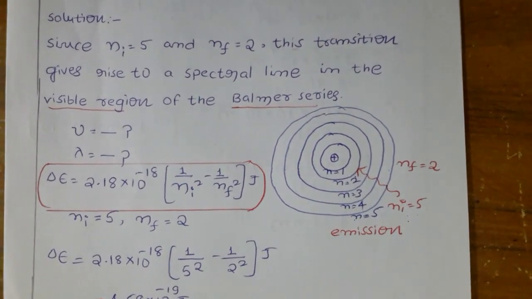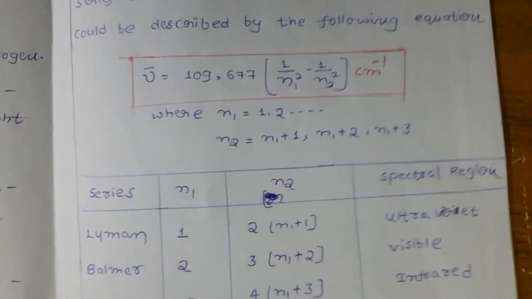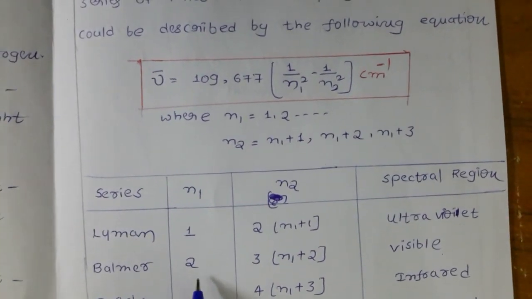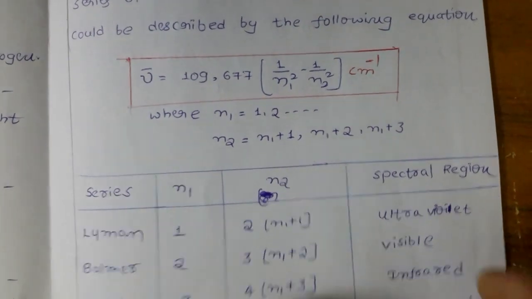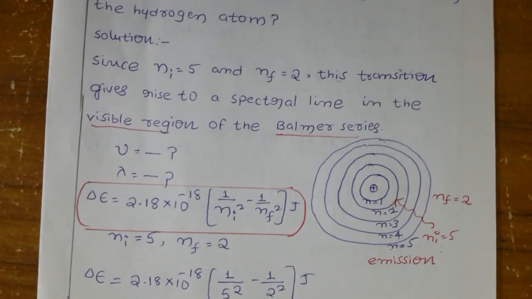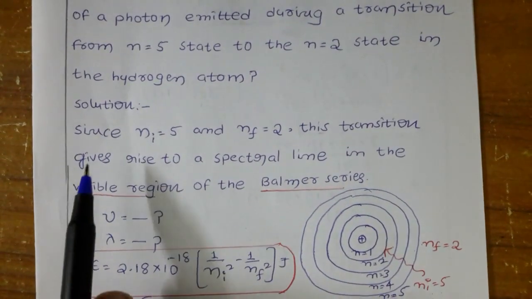When you see the Balmer series, what is the spectral region we have? If you go to the table, for the Balmer series, 2 is the final state. What is the region here? Visible spectral region. So now come to the solution. What is given?